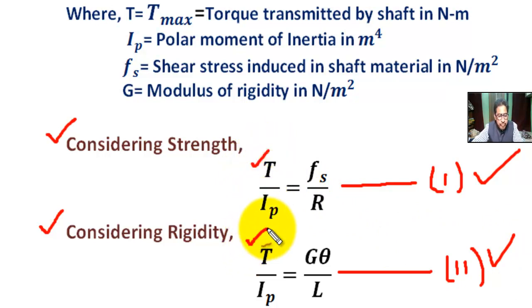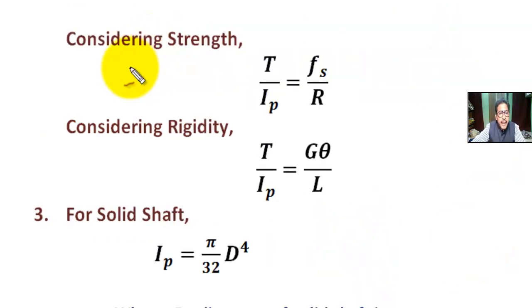Here, the maximum torque that can be safely applied on shaft material is the maximum of the two values. We take the maximum diameter of the shaft.